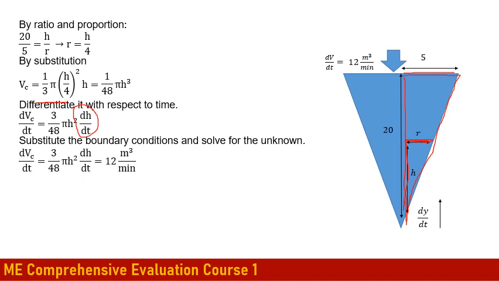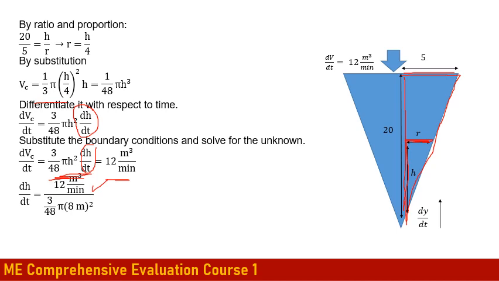And then we substitute the boundary conditions. We know that the change of the volume, which is the dV/dt, is equal to 12 meter cube per minute. We equate that with the dV/dt that we obtained. When the height is 8 meter, we can obtain the value of the dh/dt. The dh/dt is 12 meter cube divided by 3/48 pi h squared.